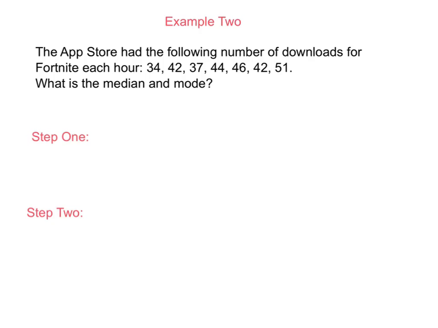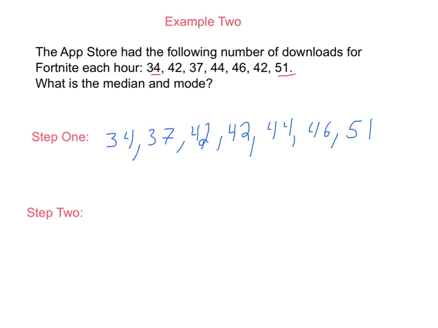Right off the bat, 34 is our smallest number, and 51 is our biggest number. So let's start putting them in order. We've got 34, the next biggest number 37, 42, 42, 44, 46, and 51 to end it off.